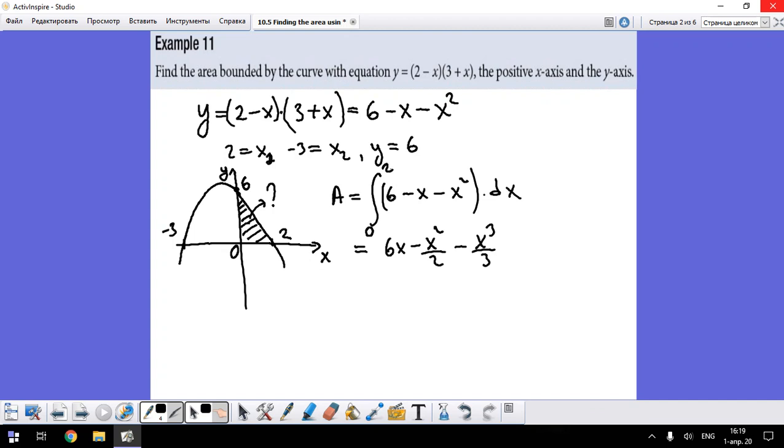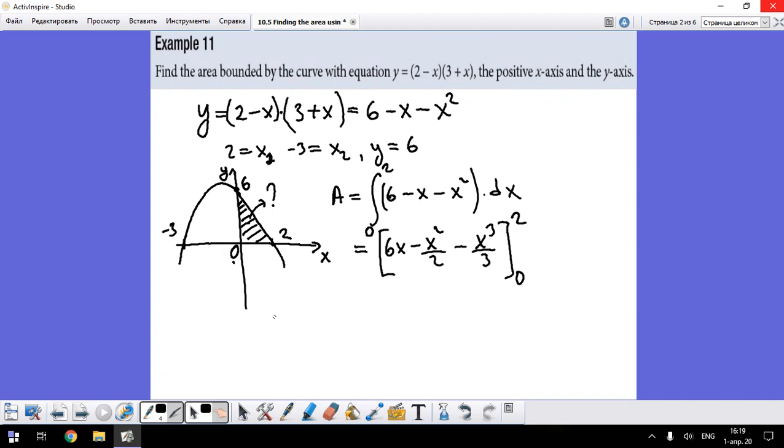So we are now finding the area between 0 and 2, which is the area bounded by the curve 6 minus x minus x squared. We should write in brackets 0 and 2.